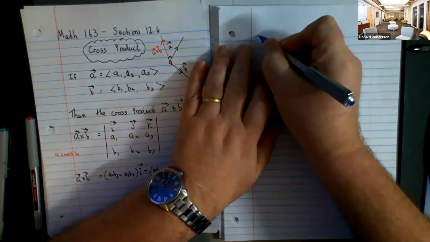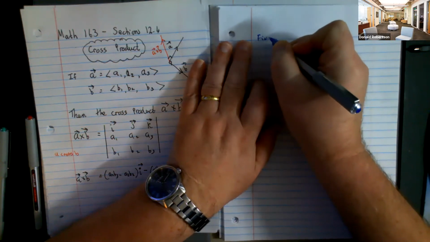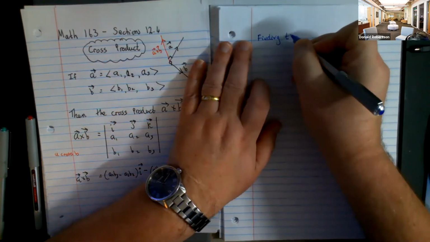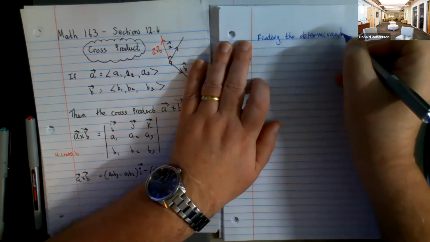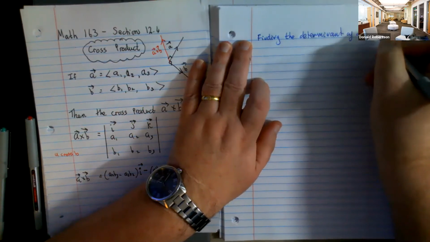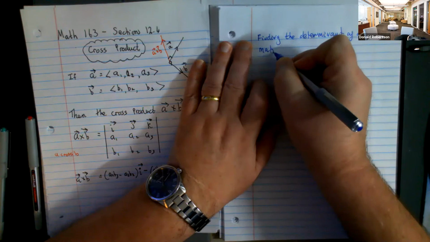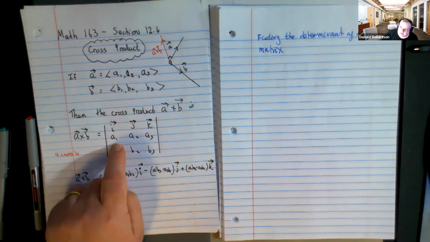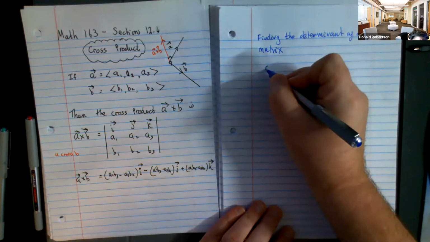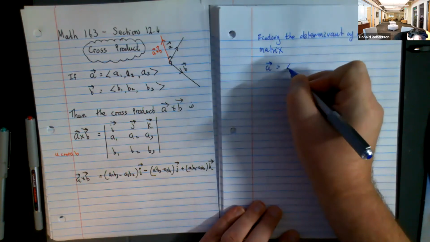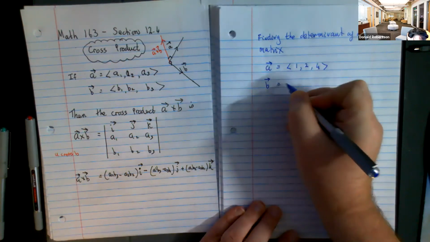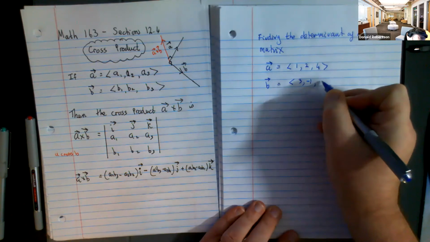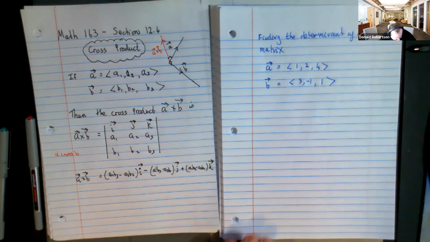We're now going to look at finding the determinant of a 3 by 3 matrix. This particular matrix. So let's suppose I want to find a cross product, and this guy is 1, 2, and 4. And the other vector is 3, -1, 1. How do I find the cross product?